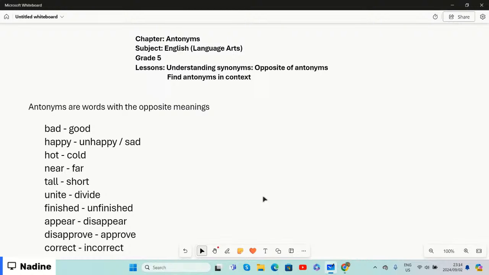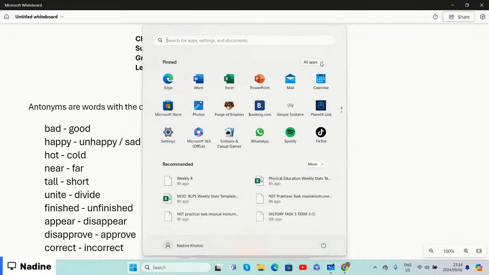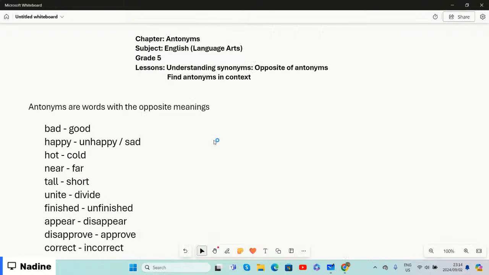So these are but a few examples of antonyms. And we said antonyms are words with the opposite meaning. Those are antonyms.